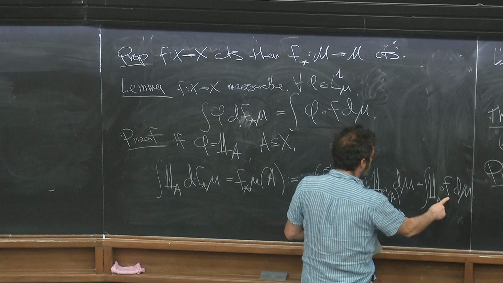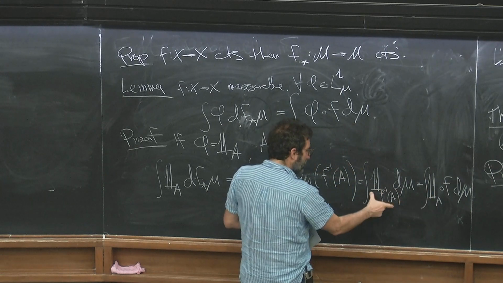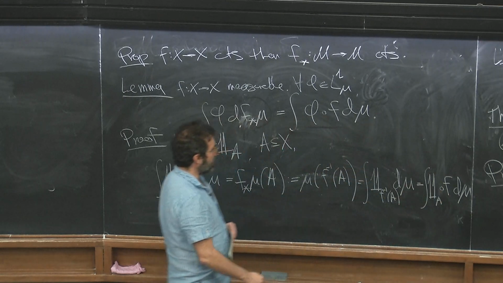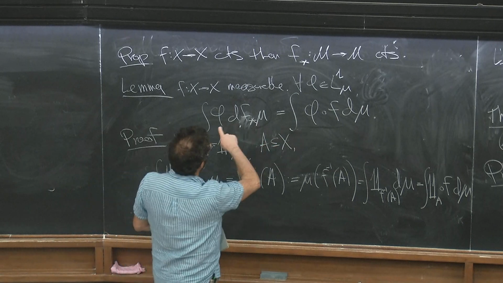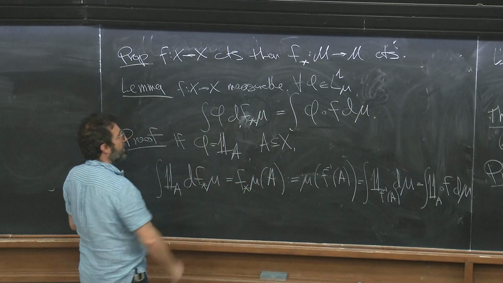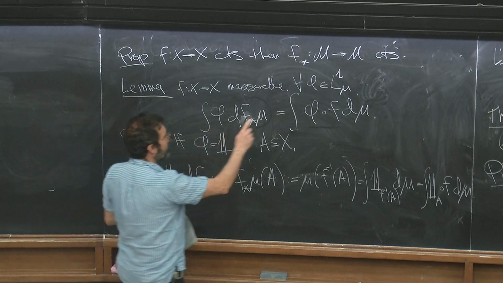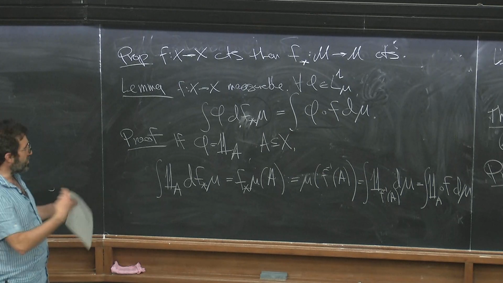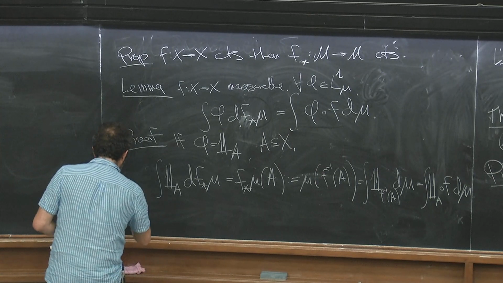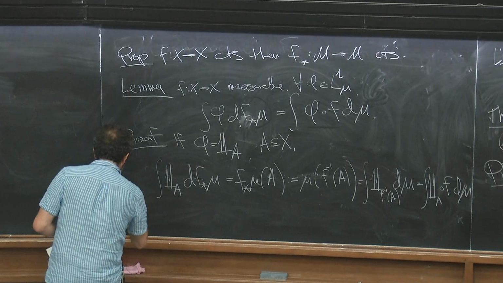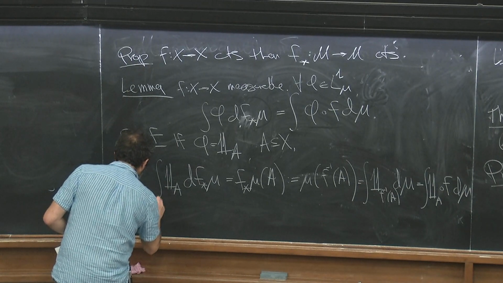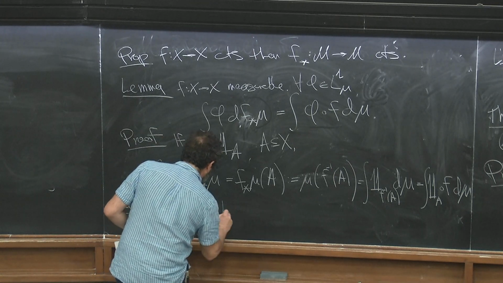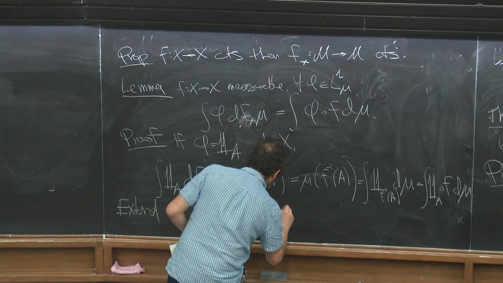Integrating this characteristic function is exactly the same as composing the characteristic function of A with f. Okay, which is exactly this statement in the particular case in which phi is the characteristic function of a set. So then there's just a general approximation argument. I will not write it here as a technical argument, but it's in the notes: extend to L1 functions by approximation arguments.